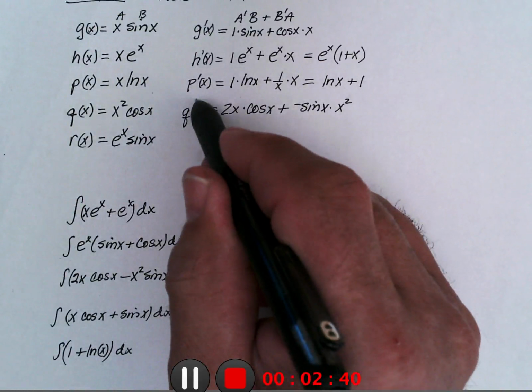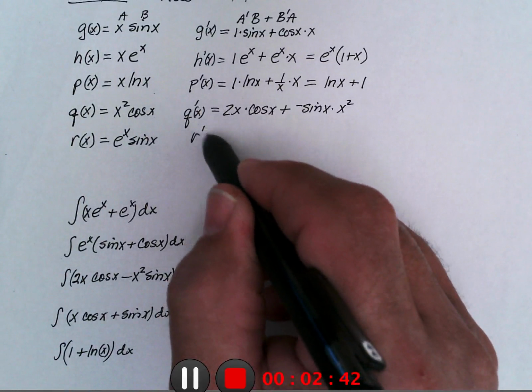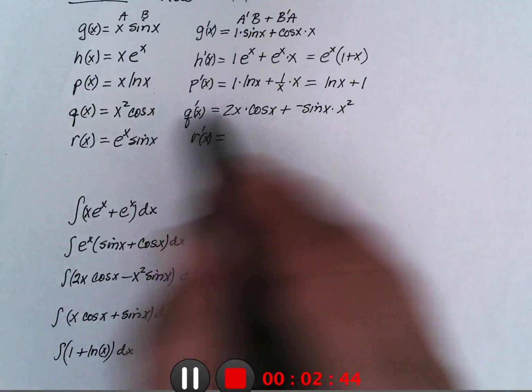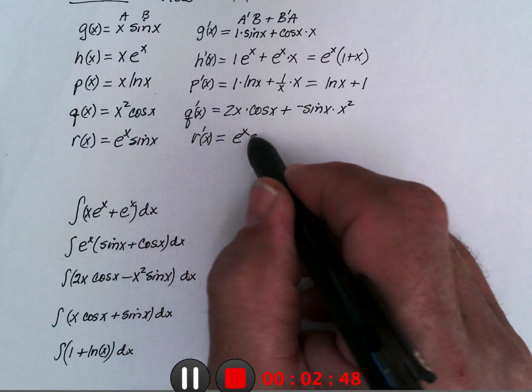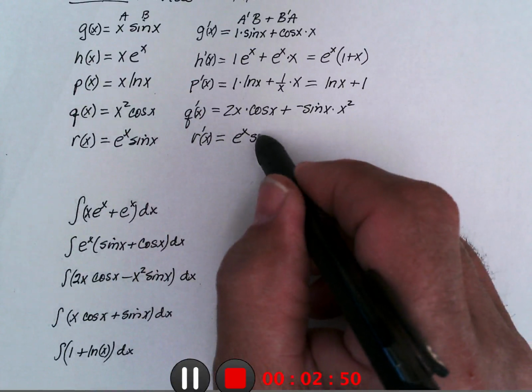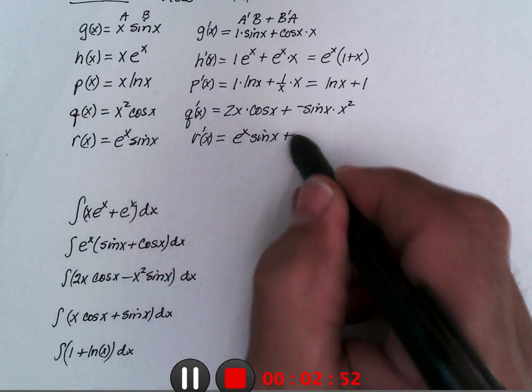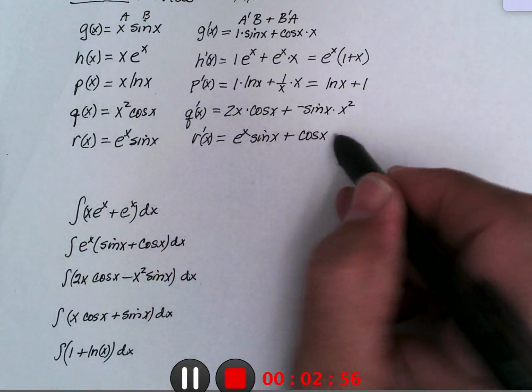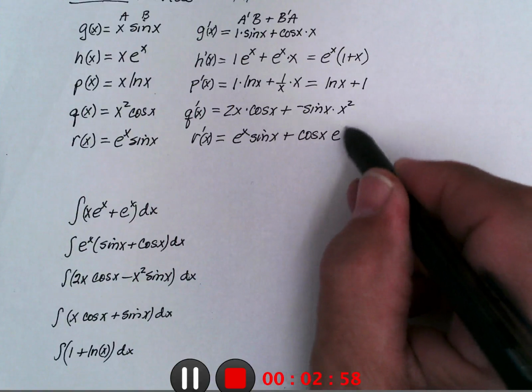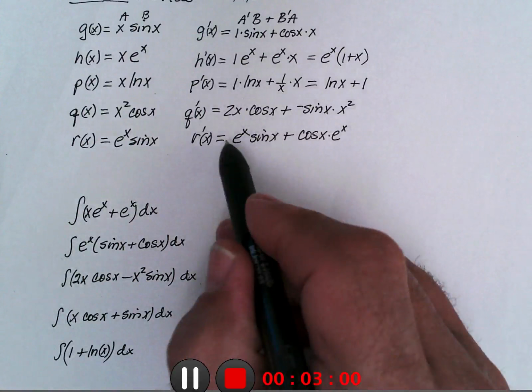So r prime of x would be derivative of e to the x, which is e to the x times the second, plus the derivative of the second, which is cosine x times the first. And there's e to the x in both of them, so I could factor that out.